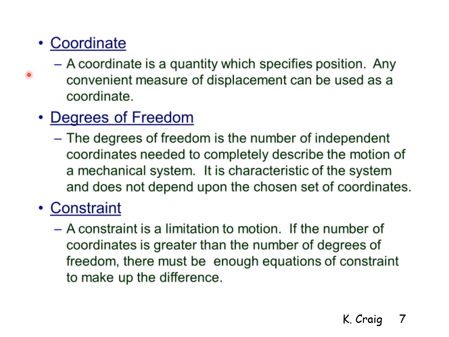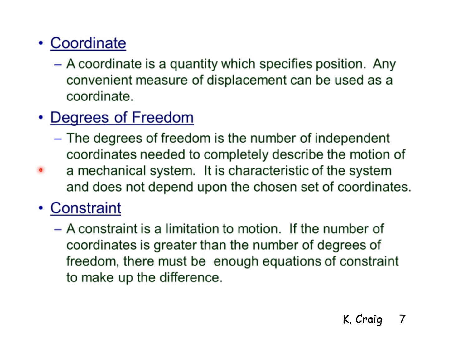Coordinate. The coordinate is a quantity which specifies position. Any convenient measure of displacement can be used as a coordinate. X, Y, Z, angles usually identified by Greek letters like theta or phi. So we use coordinates to specify position.